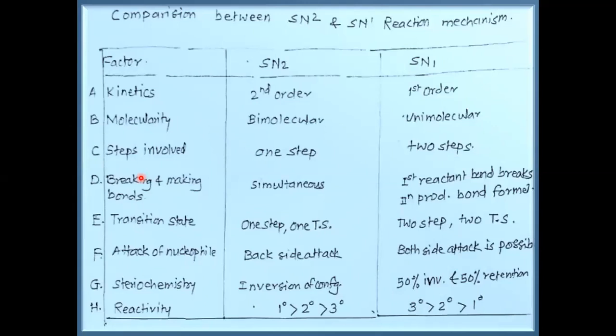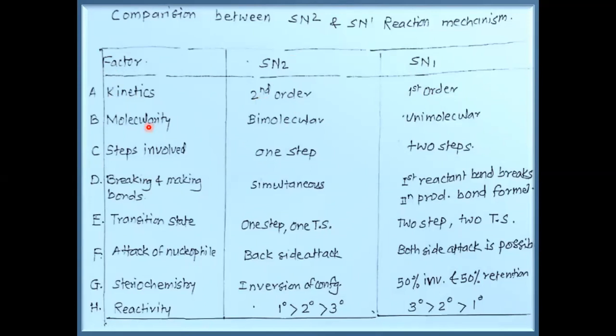Next, now we can compare the SN2 and SN1 reaction mechanisms by using these factors. Kinetics: SN2 is a second order reaction, SN1 is a first order reaction. In second order, the reaction rate is determined by two molecules, and here only one molecule.